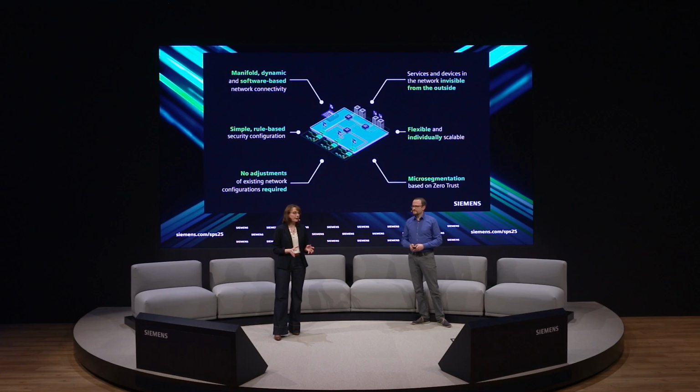A key component of the solution is the micro-segmentation based on zero trust. With that, we break down your network to the smallest possible areas where every access must be explicitly authorized. The important part of the whole solution is that you don't need to make any changes to your existing infrastructure. You don't need to turn your network upside down, and you still achieve time, effort, and cost savings.